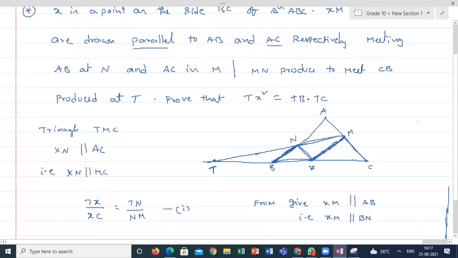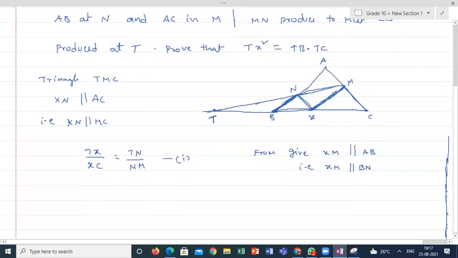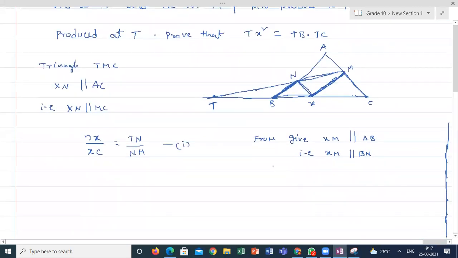So here, if I apply the basic proportionality theorem from triangle TMX, what will I get?